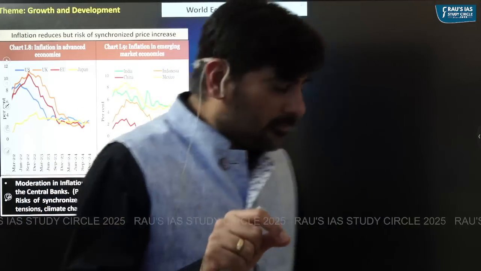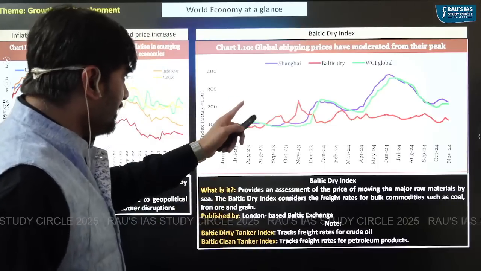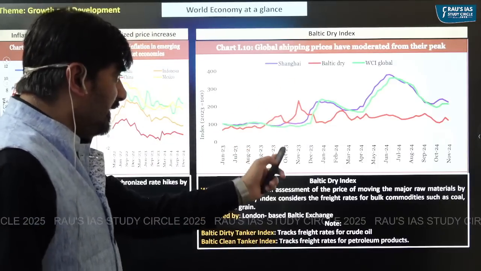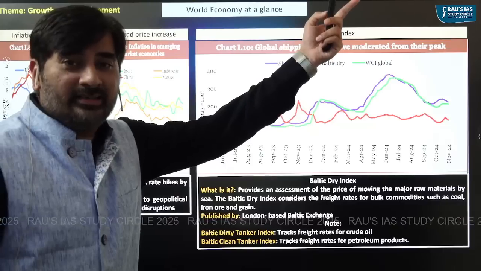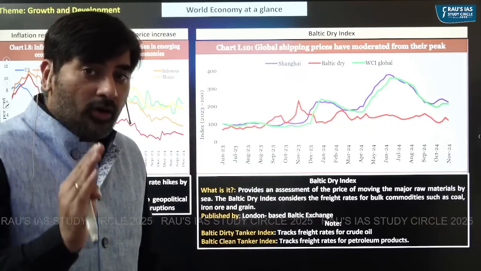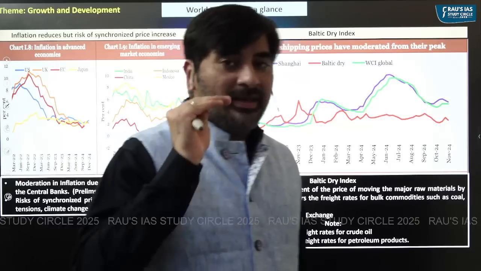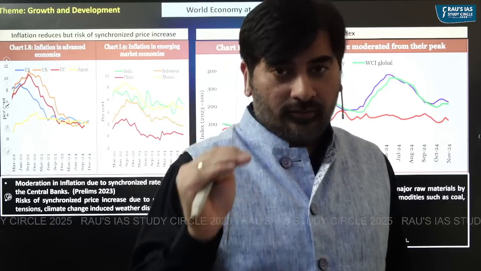Economic Survey has pointed out that the Baltic Dry Index, even though it has got stabilized now, could increase in future because of the disruption to the shipping lanes across the world.